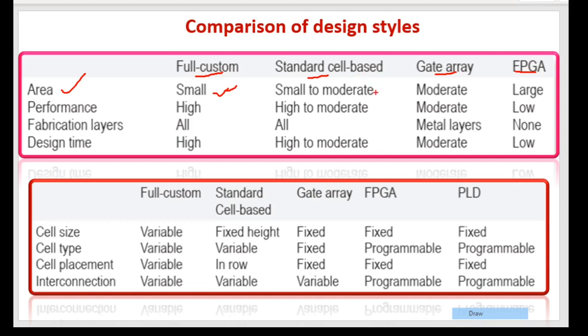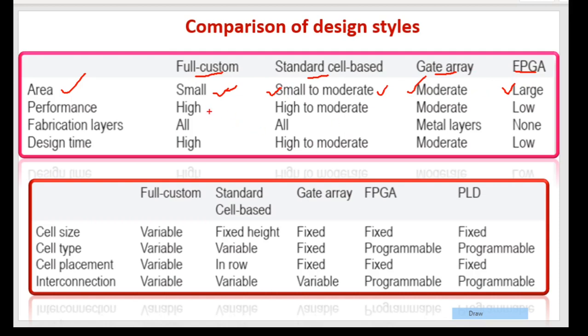The standard cell based design uses a library, so you are bound to use the components present in the library. We cannot change the performance of those components. Whatever optimization and performance those components provide, we have to use. So it will provide small to moderate area. Then gate array will give a moderate area, and FPGA will give a large area, right?